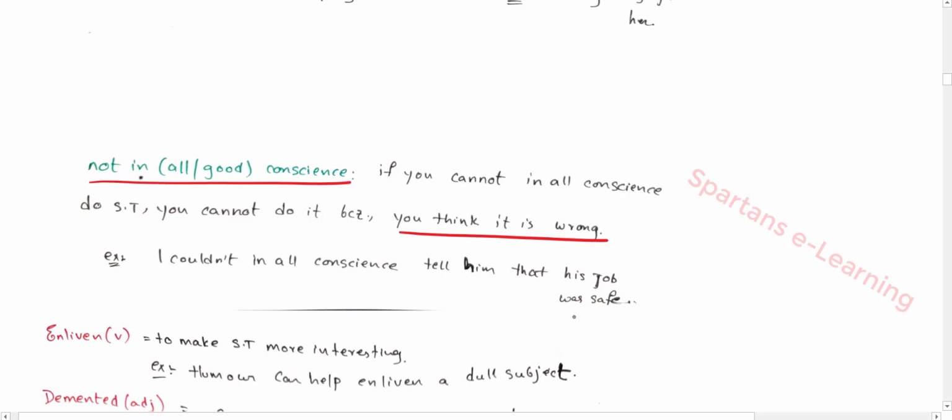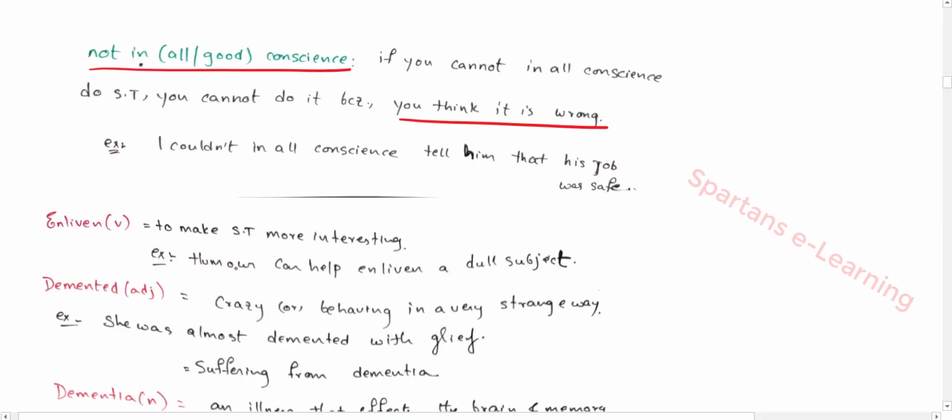On reading this example, you should understand that the person's job is at risk, but the speaker does not feel right saying so. Example: I couldn't in all conscience tell him that his job was safe.